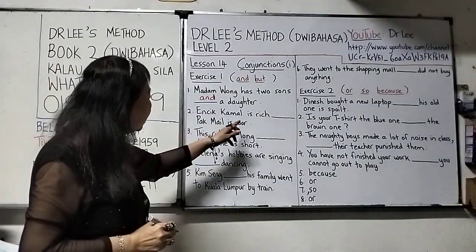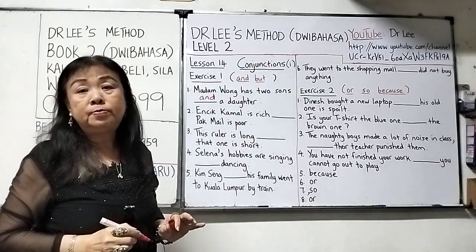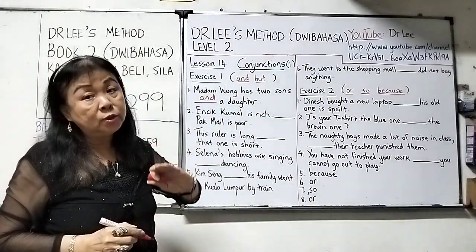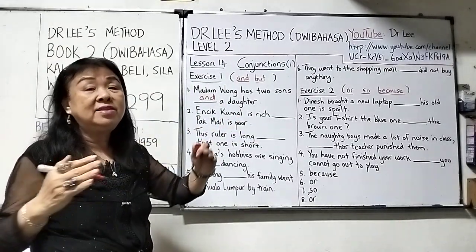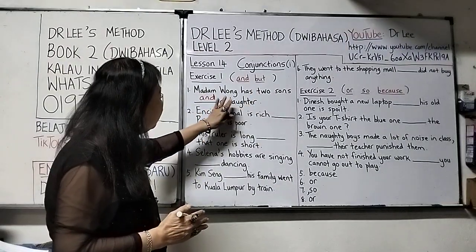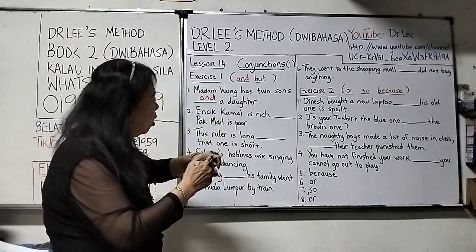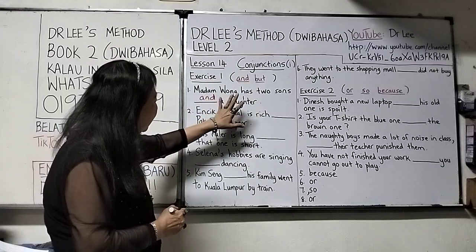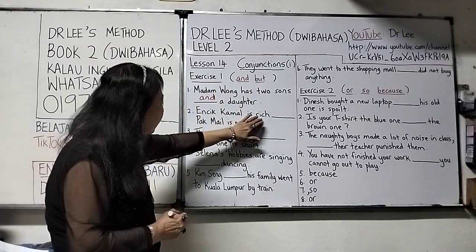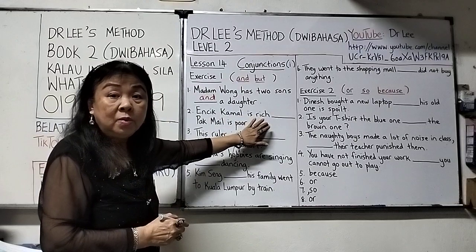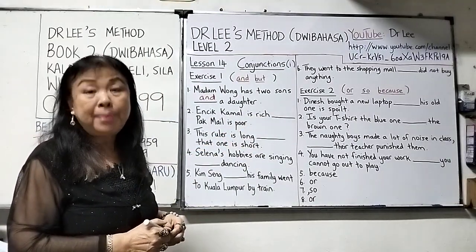The second one is Encik Kamal is rich, Pak Mail is poor. So one is rich, one is poor. Of course, there is a difference. When the items or when the things are the same, we use and. But when you see that there is an opposite, when they are different, we use but.